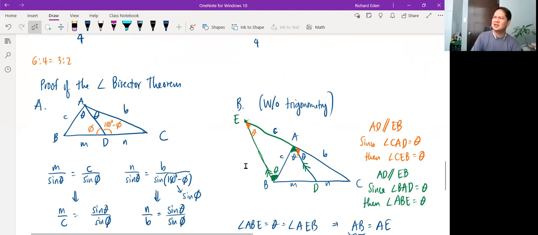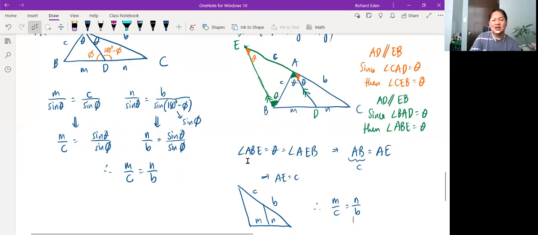Can you prove the law of sines using this proof? The thing here in the second part is this is too specific, without using trigonometry.